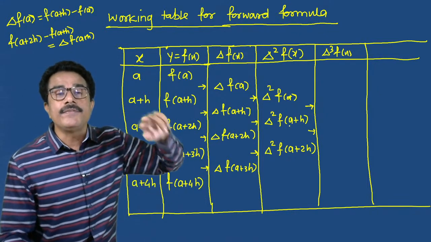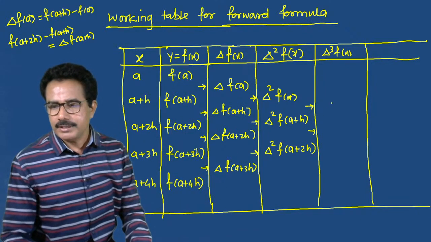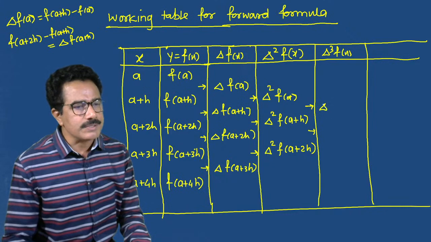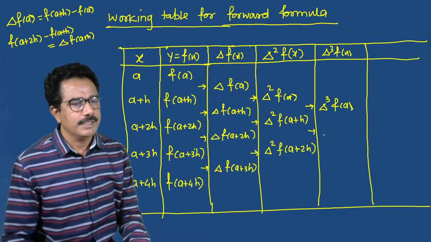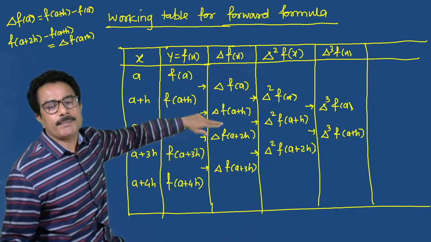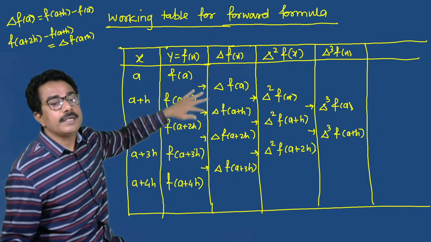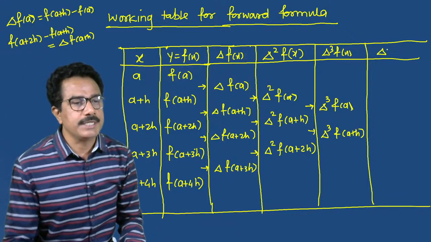But the difference of the second forward difference is called the third forward difference, that is, delta cube f of a. And this gives delta cube f of a plus h. That means each time, if we take the difference of delta 2, we get delta 3. And this is the delta 4th f of a.